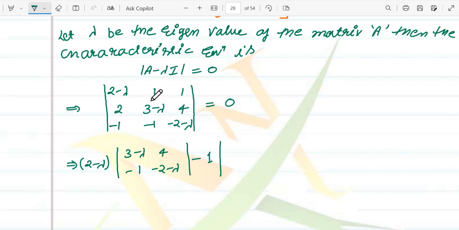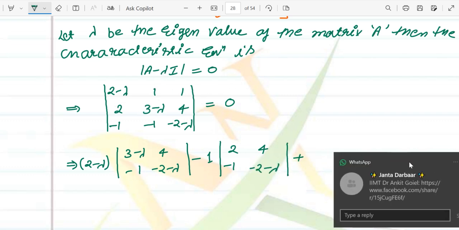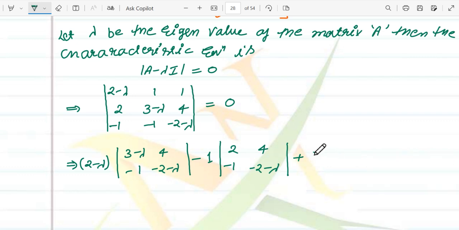negative 1 into 2 4, minus 1 minus 2 minus lambda, positive 1 into 2, 3 minus lambda, minus 1 is equal to 0.